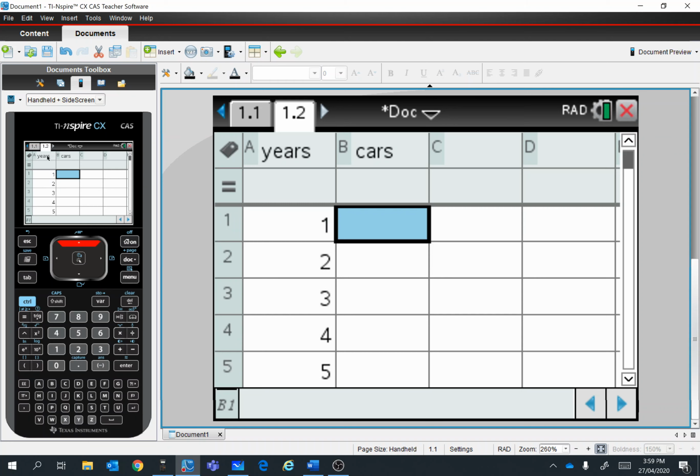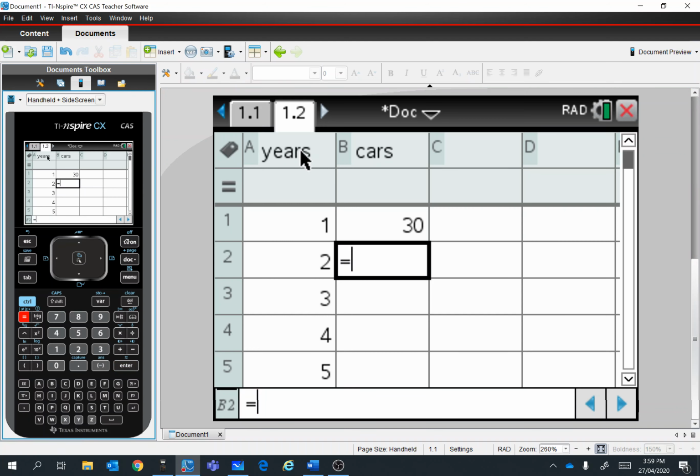I'm going to enter the first term of the sequence, which is 30. Now what I'm going to do is generate the rest of the terms using a formula in the spreadsheet which matches the difference equation. So we're going to start by pushing equals. That's how we start a formula.